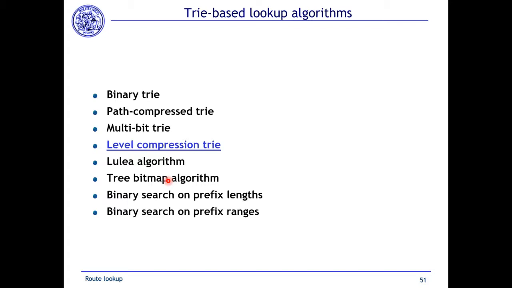The final improvement that we can see about the binary tries is the level compression trie, which is a technique basically to merge the two concepts of path compression and multibit trie compression.